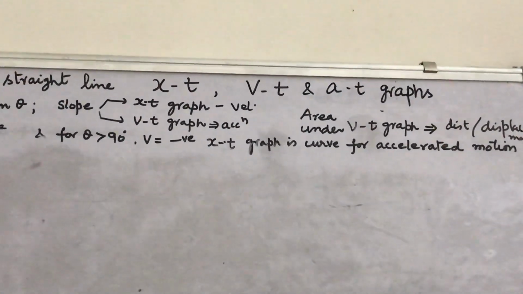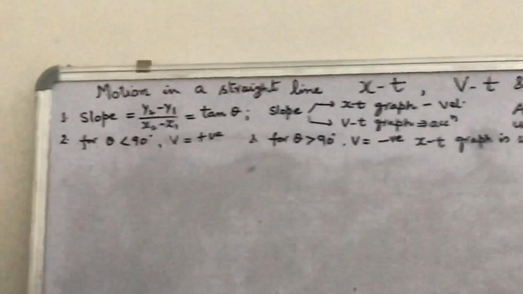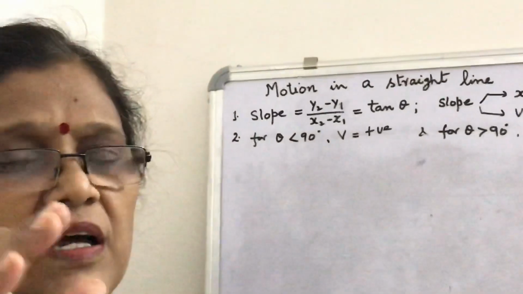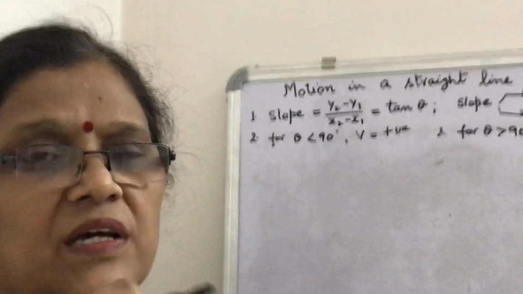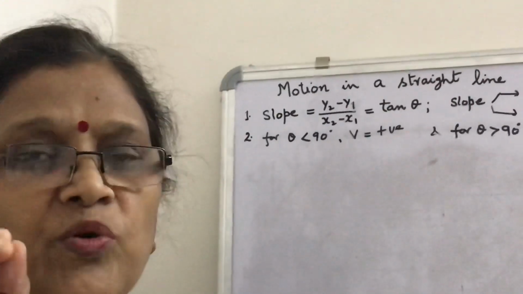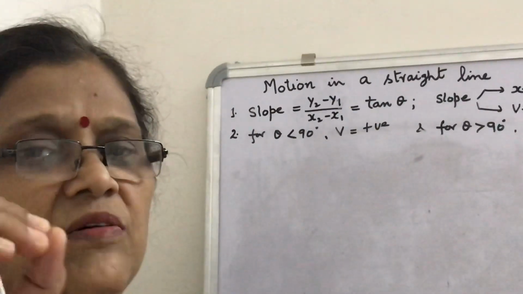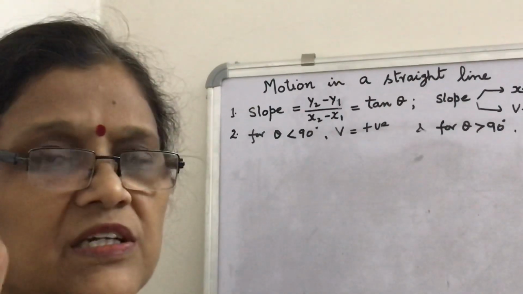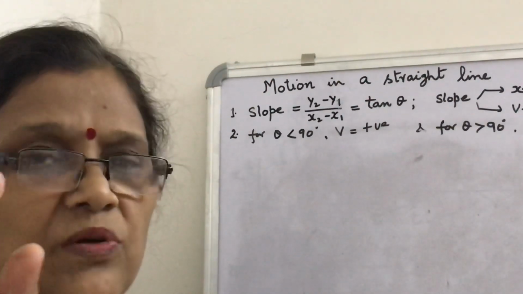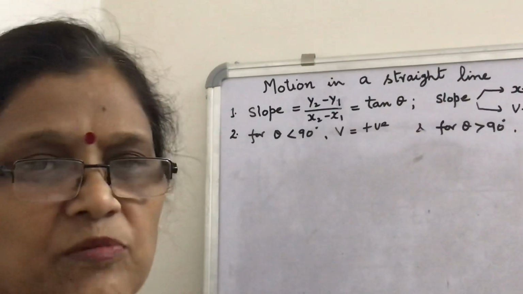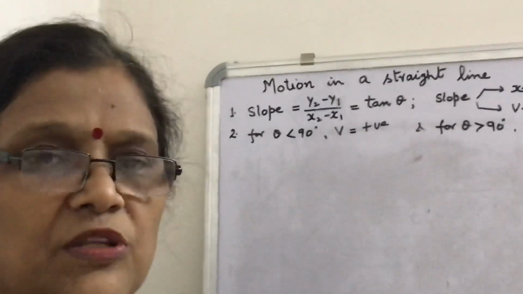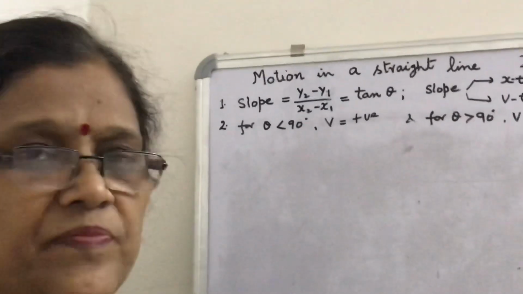Suppose the question is given: plot the xt, vt, at graphs for uniformly accelerated motion, motion with constant acceleration. Acceleration is constant throughout the motion. How will you plot?